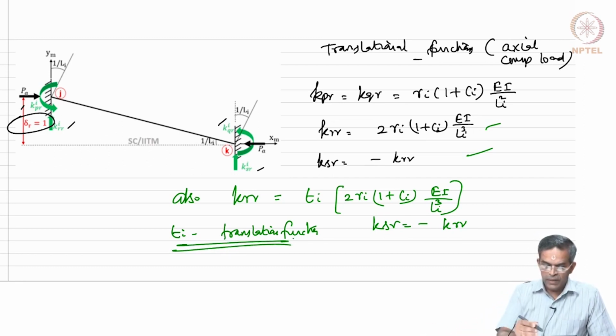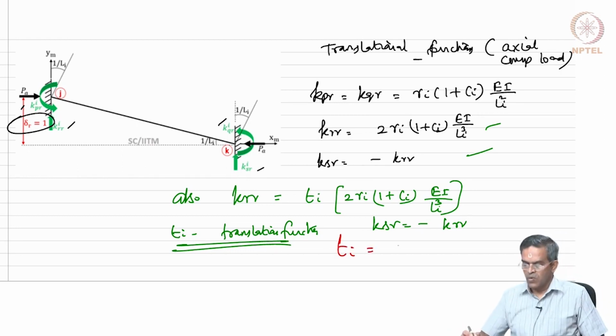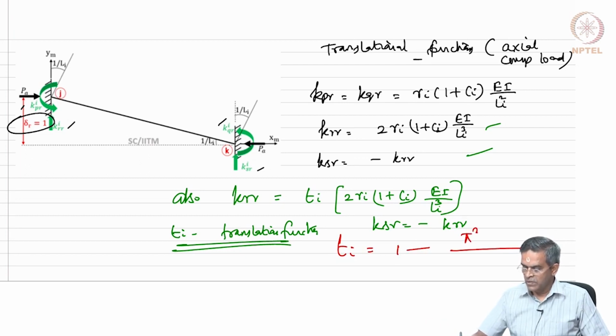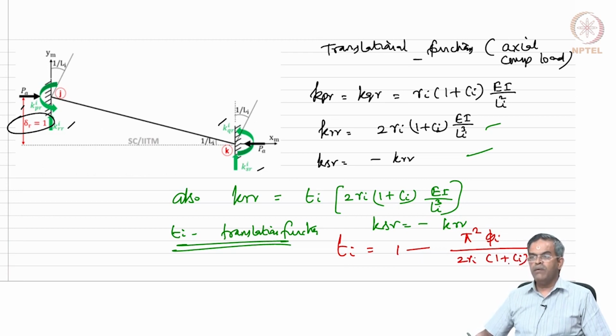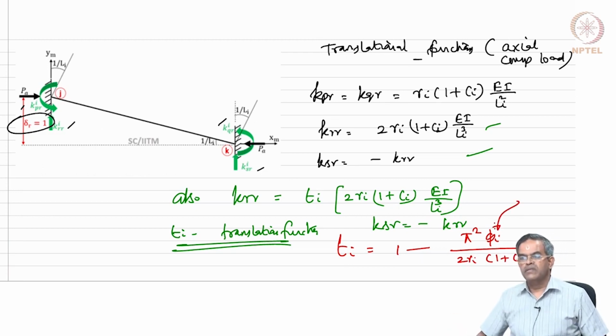which was given by Ti is equal to 1 minus pi square phi I 2 Ri 1 plus Ca. Remember, phi is a multiplier or the ratio between the axial load and the Euler's buckling load, okay.